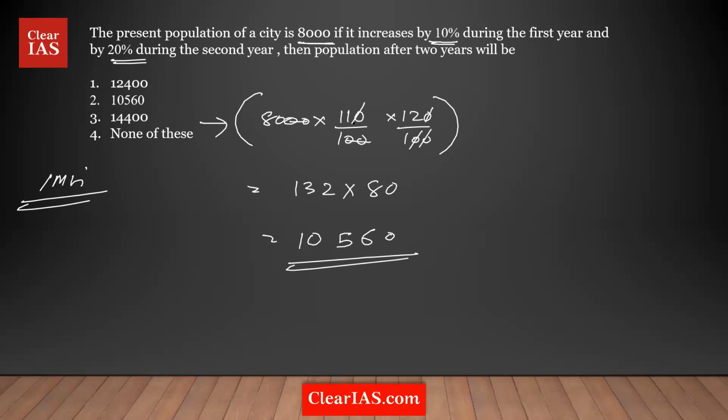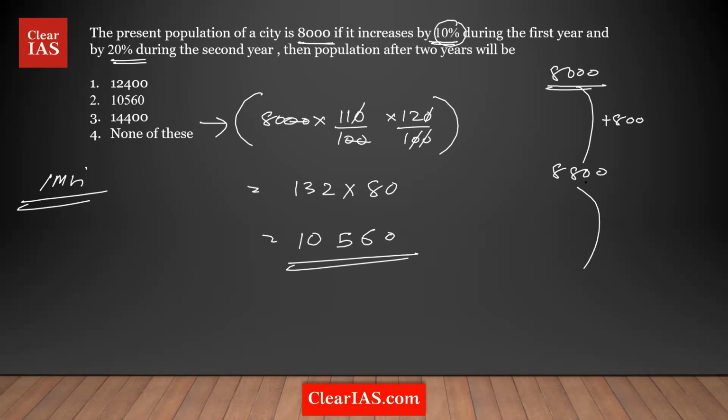Increase by 10%, 110 by 100, increase by 20%, so 120 by 100. Or you can take 8,000. First year, what's happening? Increase by 10%. What is 10% of 8,000? 800. So it becomes 8,800. Then what happens? Again, it got increased by 20%. What is 20%? 10% is 880.